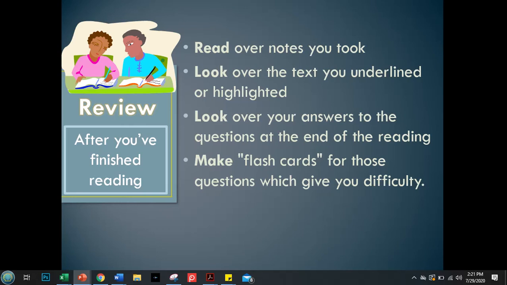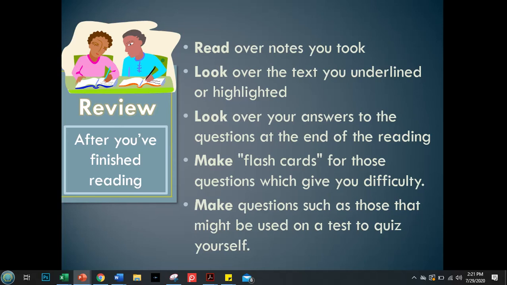Make flashcards for the questions at the end of the reading that gave you difficulty. And then you can, again, make questions to quiz yourself. So when you're reviewing, you can also go back and skim again and then read over anything that you forgot. I forgot to put that in here. But yeah, going back and doing the skimming part again can be quite helpful.